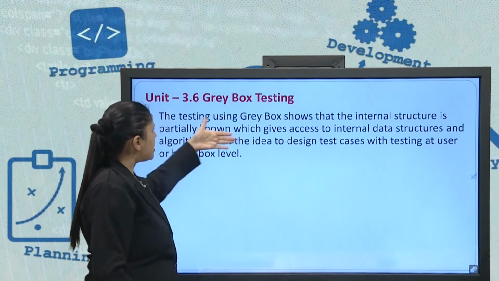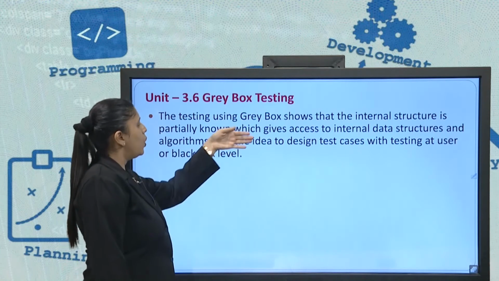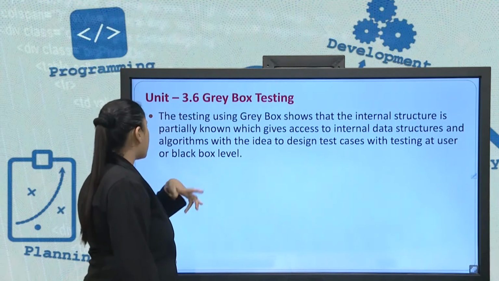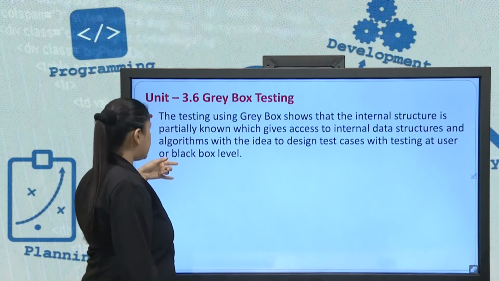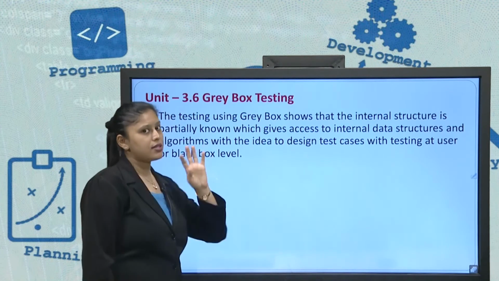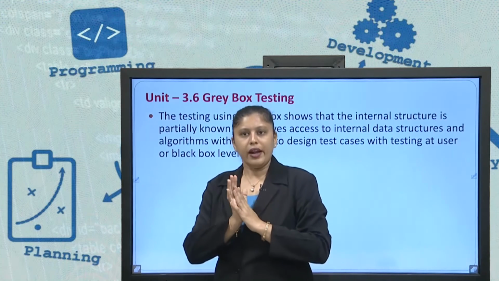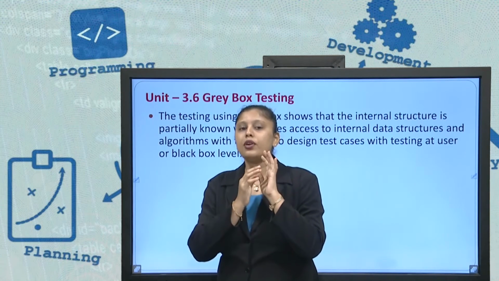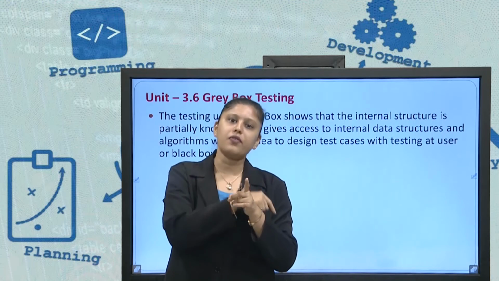Testing using Greybox shows that the internal structure is partially known, which gives access to internal data structures and algorithms with the idea to design test cases with testing at user or black box level. It says that when you undergo Greybox, only a few portions of your internal structure will be known to you, not the entire thing like in white box.